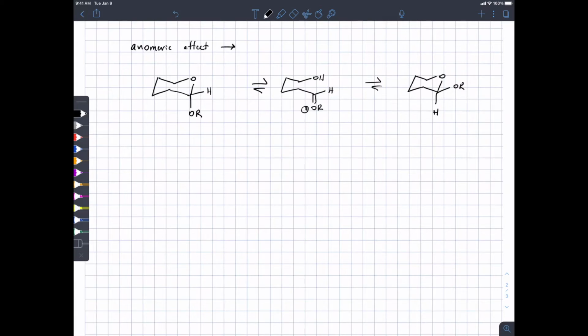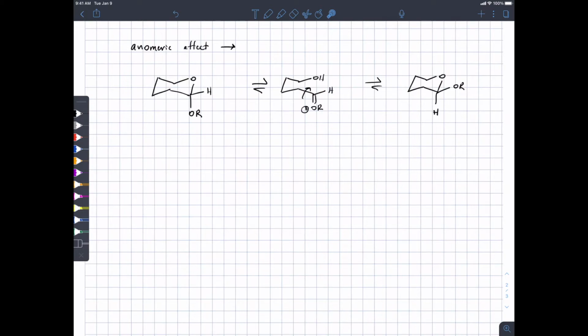And so all you need to do is have the chain open up, and then you can rotate around this carbon, swap the positions of the hydrogen and the OR group, and you can have that OR group equatorial versus axial. If you were thinking just about sterics and you looked up A values, which of those two conformations would you think was more favorable? We think equatorial, right? Because you're avoiding those axial interactions.